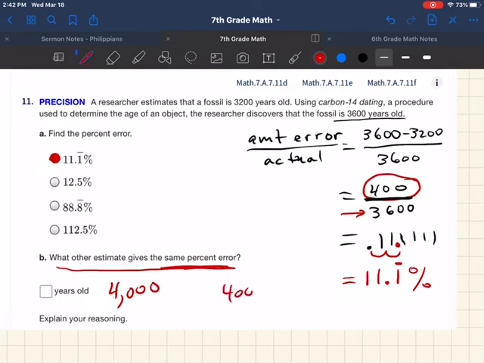Woohoo! 4,000 minus 3,600 also gives us that 400, which would be over that same 3,600, which is the exact same thing we have right here, and thus giving us the same answer. So explaining our reasoning is simply that whether you overestimate or underestimate by 400, you get the same percent error.